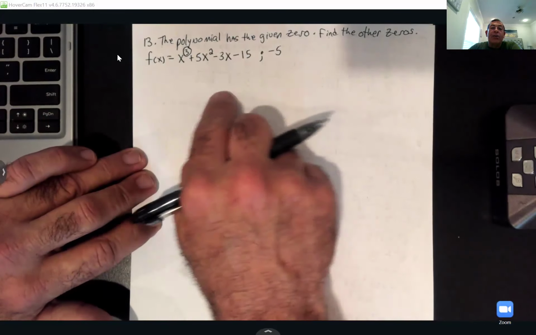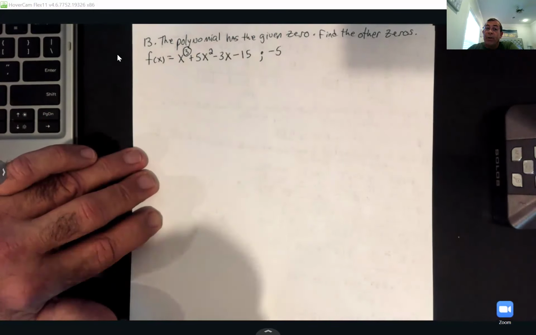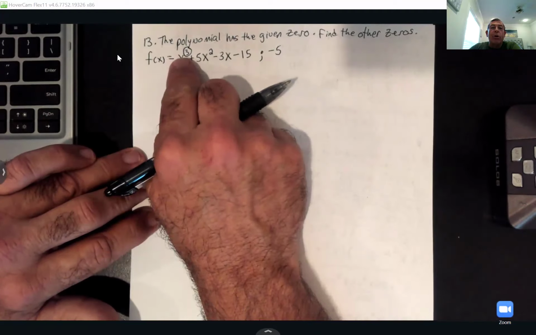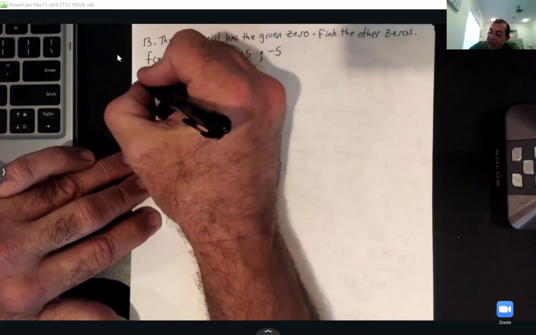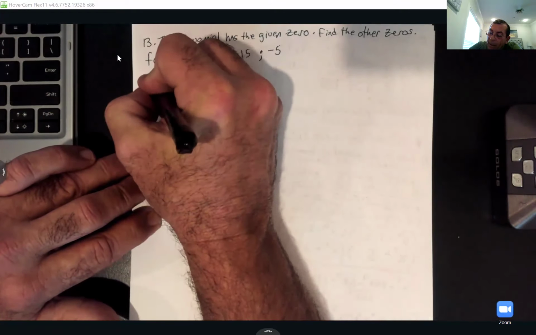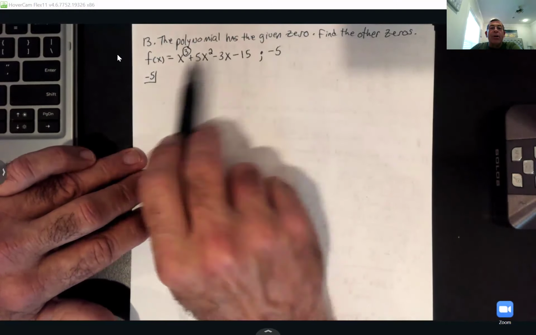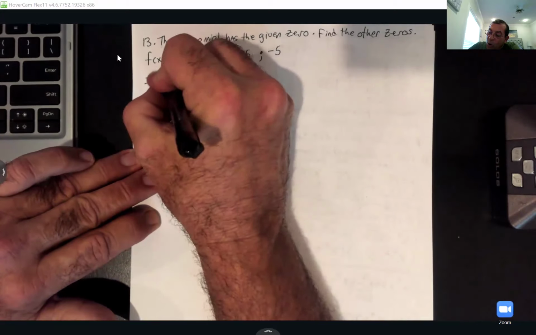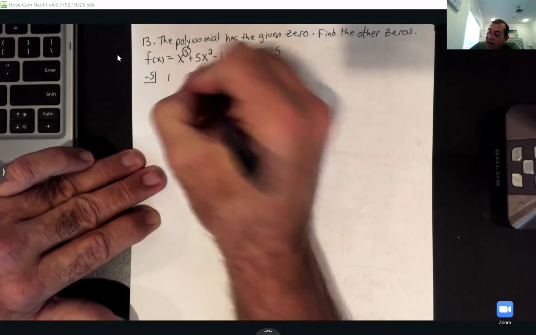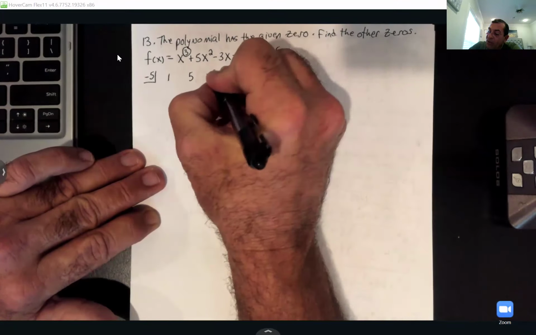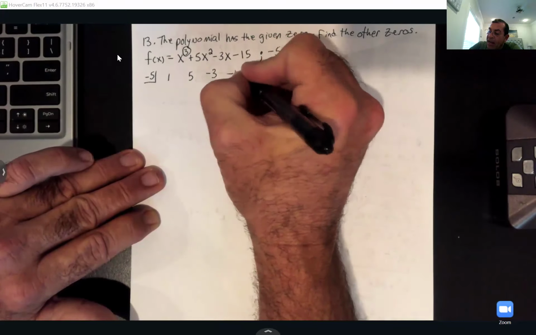But we got to get it down to 3 numbers in the quotient before we can do that. So it's going to take one step of dividing out that negative 5. Now let's see, x cubed, x squared, x, number, nothing's missing. So I got a 1, 5, negative 3, and our negative 15.